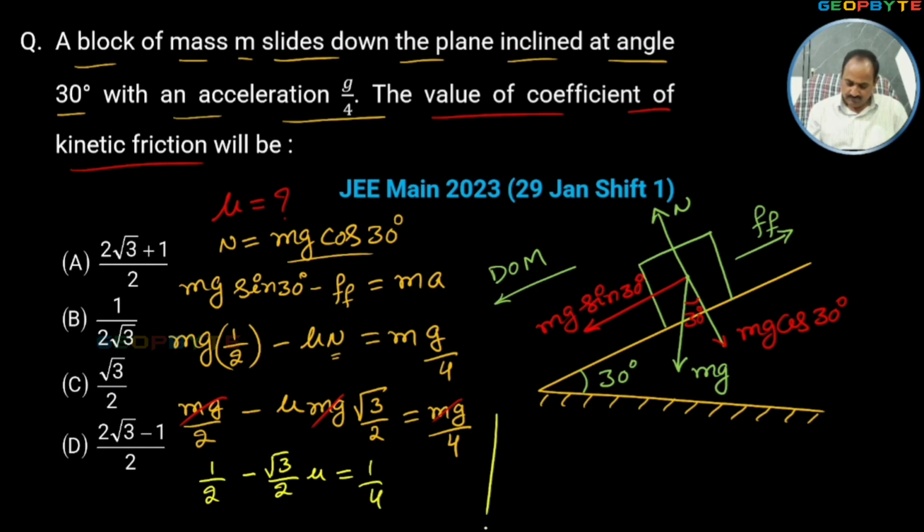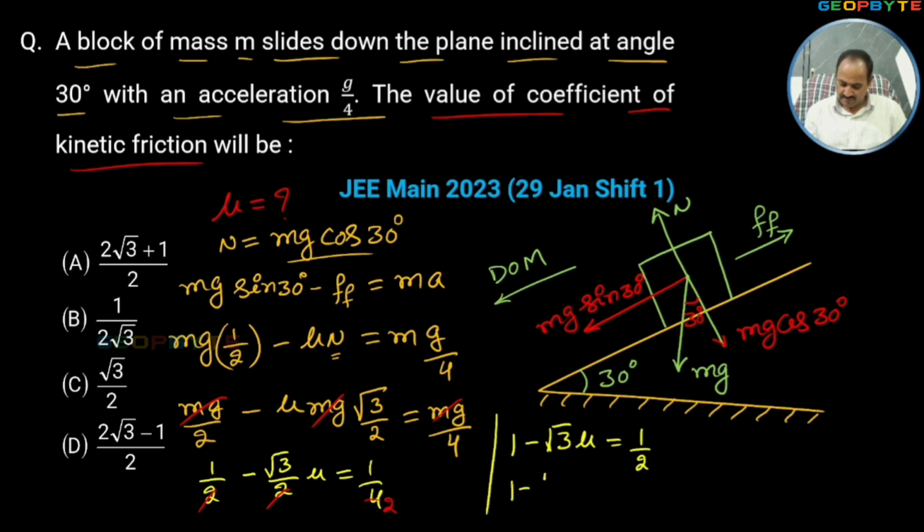From that I can write 1 minus root 3 by 2, the 2 is cancelling on both sides. It can be written like this: 1 minus root 3 mu is equal to 1 by 2.